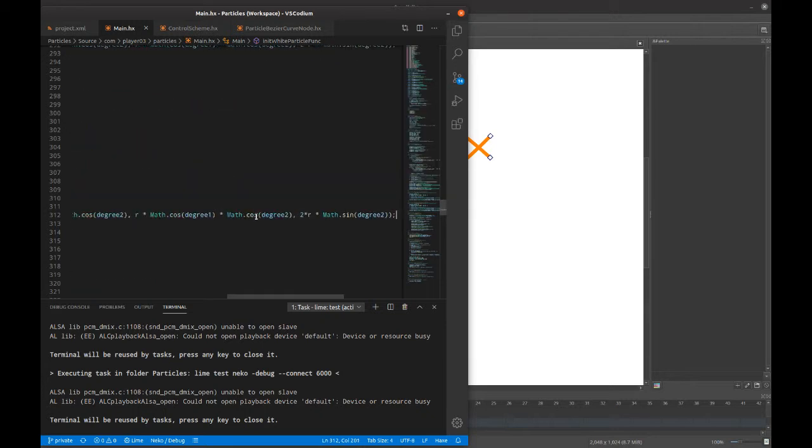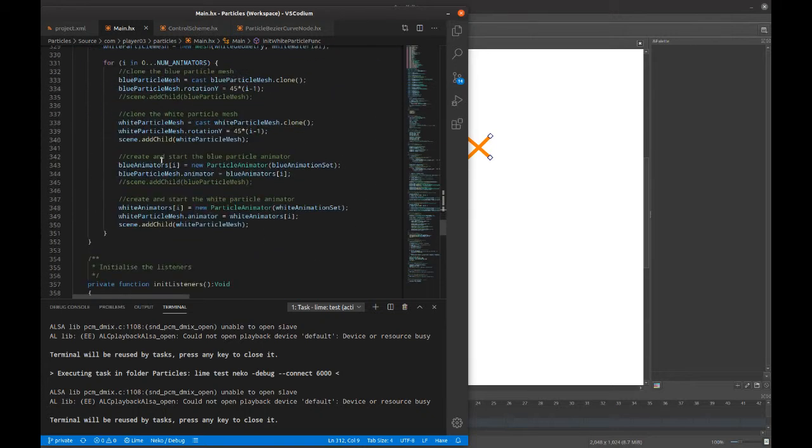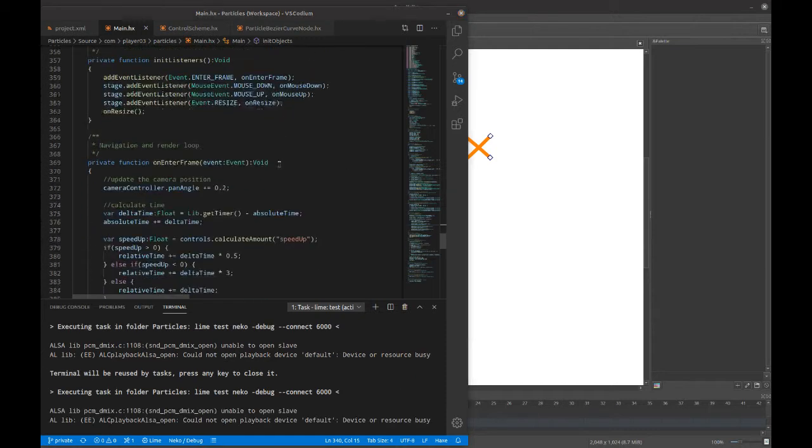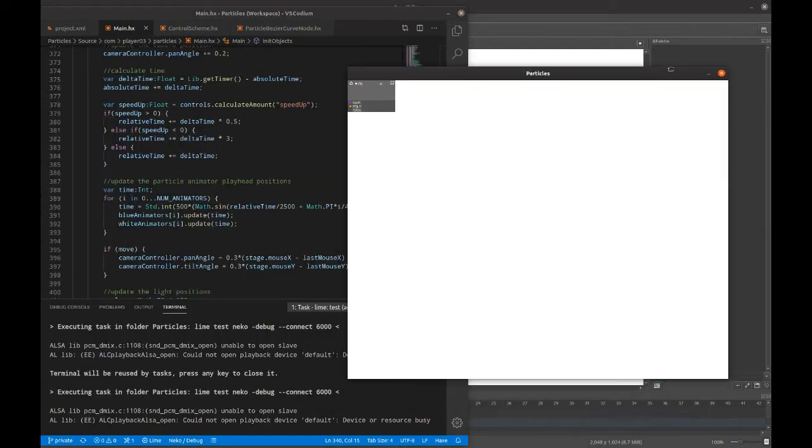And that, and add the blue particles back. And we should be back to the original... Oh no, wait, I still modified the time.